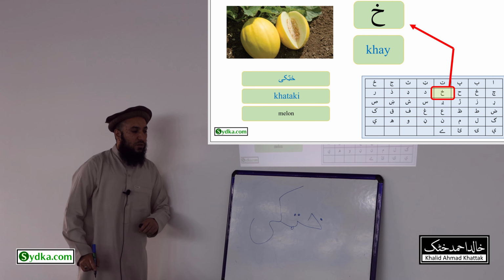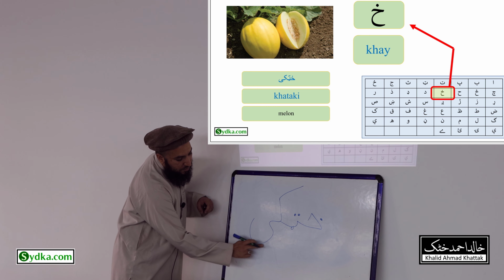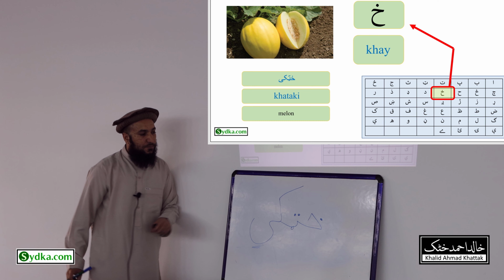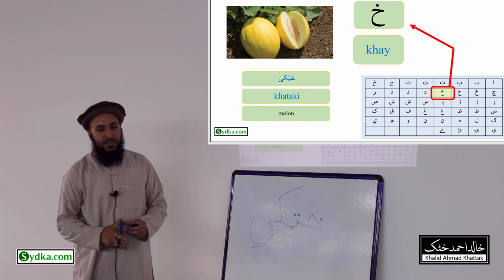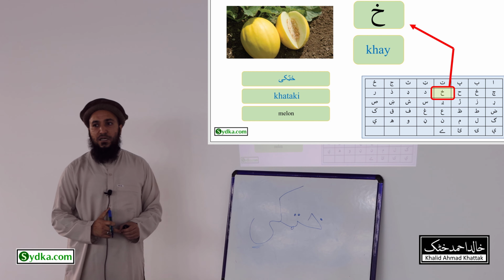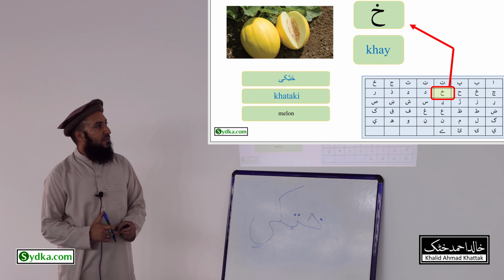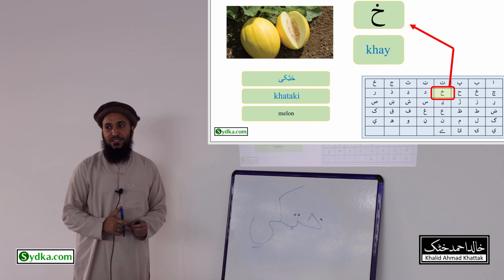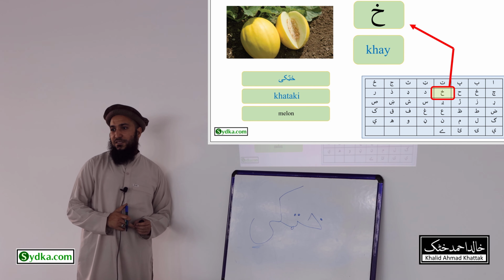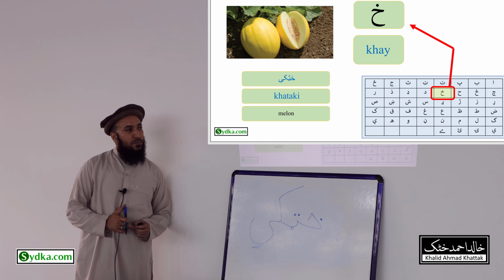Khatake, as one. If it was khataki, that would be plural with 2 dots, but it's khatake. It's the same in both standard and local. What is khatake? Yes, melon, the yellow one. The other one is called watermelon.